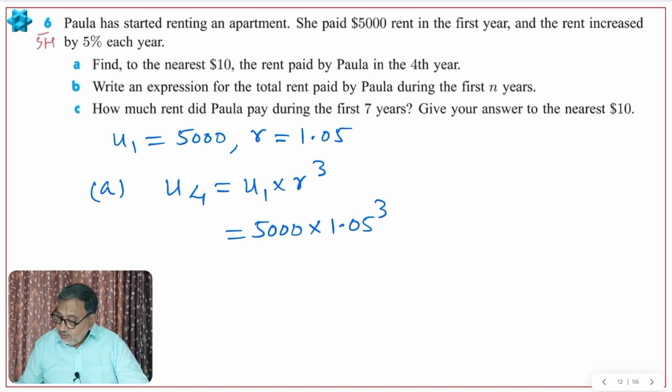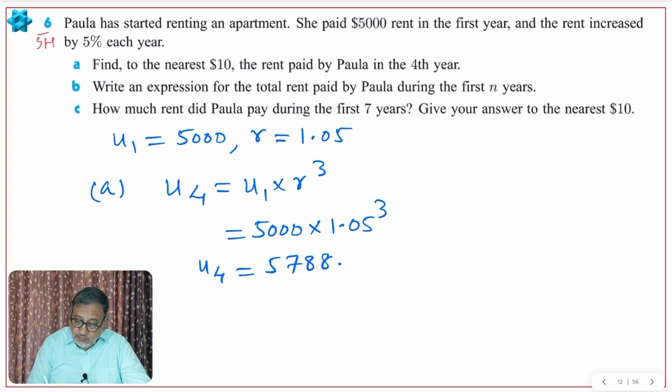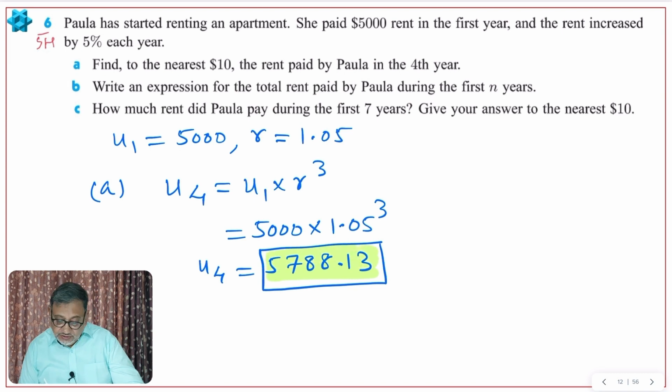So this will be 5788.125, so U4 is 5788.13. I will round it to 2 decimal places because it is currency.